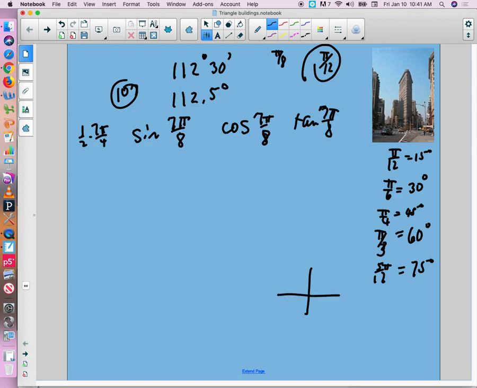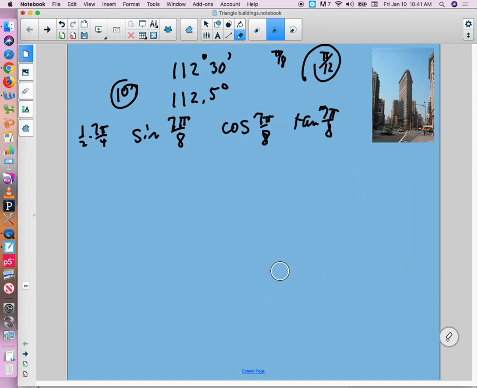And 5 pi over 12, isn't that right next to 6 pi over 12? Do you see how 5 pi over 12 is here, and 1 pi over 12 is right there. You don't have to know all of that. I just wanted to make sense of it, okay? So the pi over 8s are 22.5 degree increments because they're half the pi over 4s, just so you know, all right? Just to make it real.